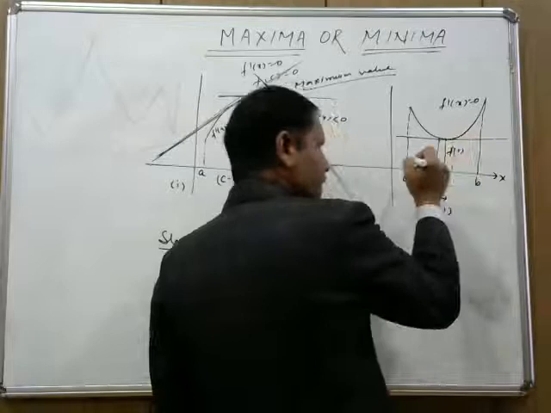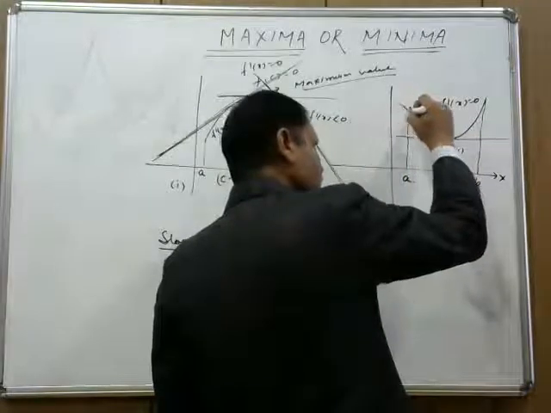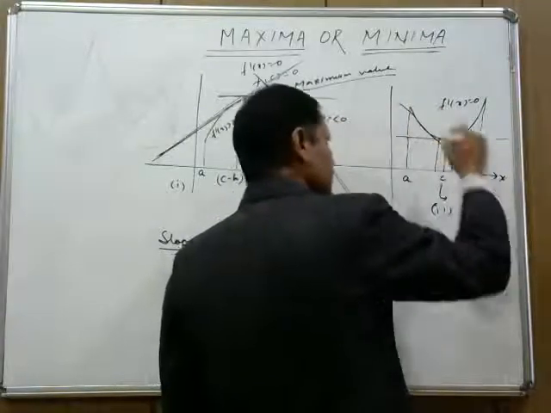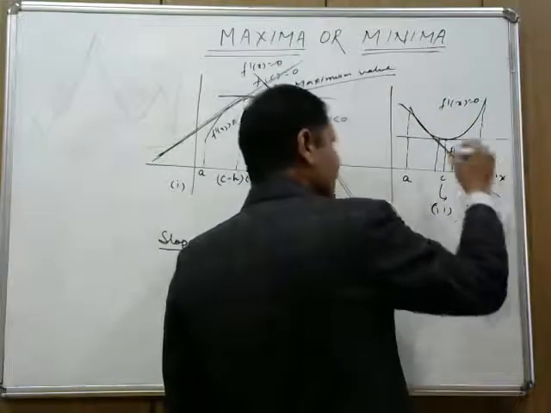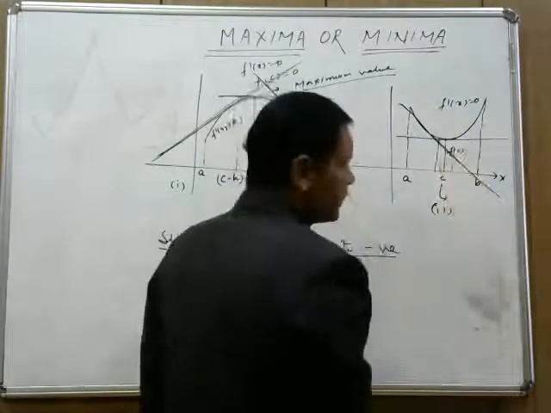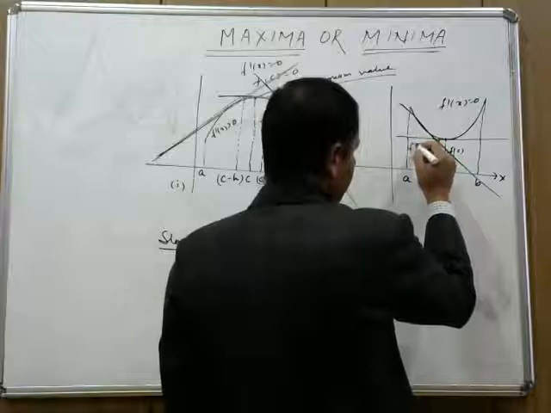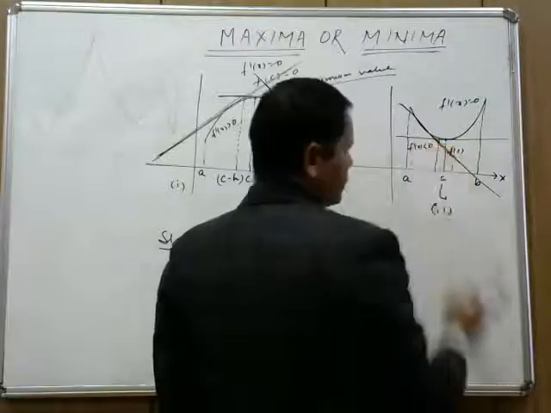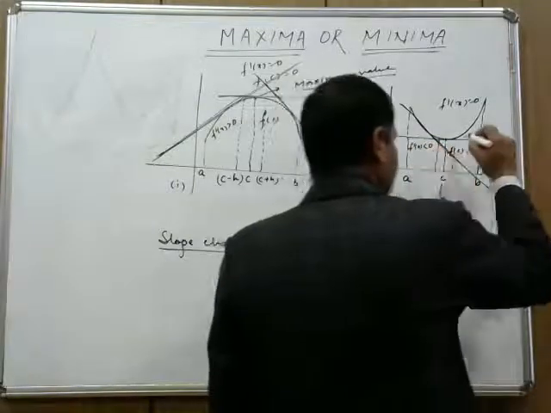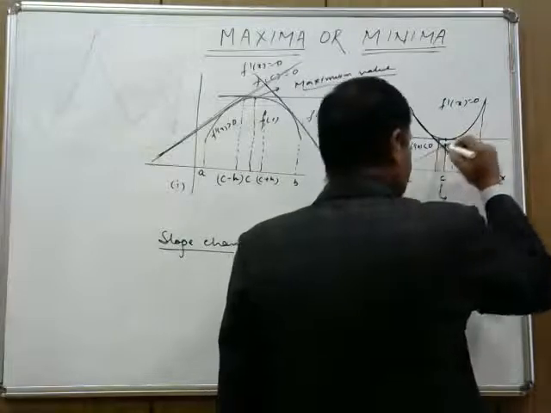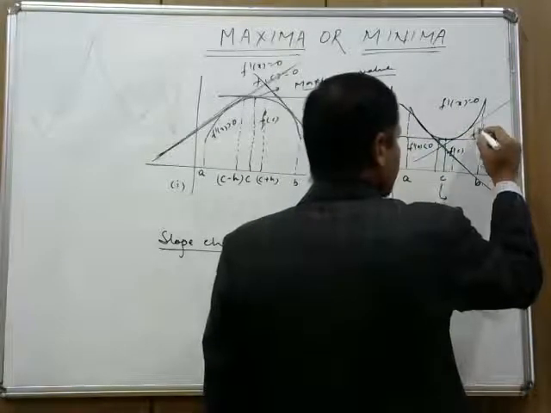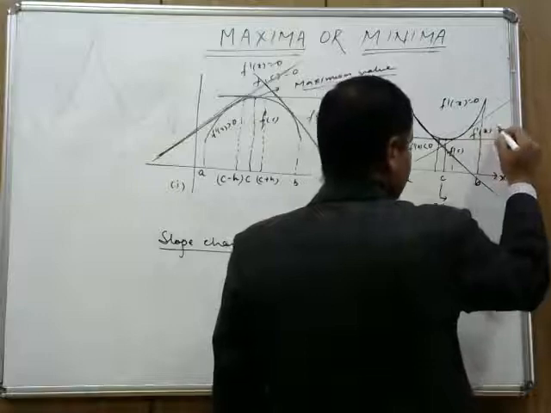Now, before C, if I take any point, the line will go like this, and their slope is negative. That is, here f dash of x is less than 0. If I draw at a point after C, their slope will be positive, f dash of x is greater than 0.